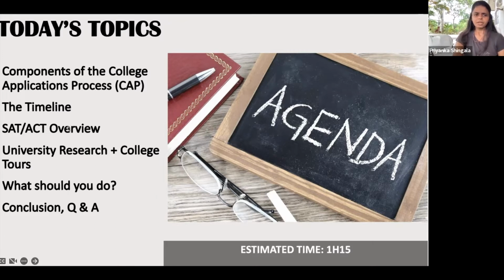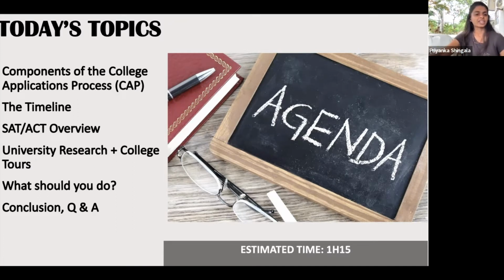SAT, ACT overview, it's very quick. The whole SAT thing is a different chapter of a presentation of its own, but we're still going to cover bits and pieces, the most relevant ones. How do you find a university that you might be interested in? So the whole process, if you're starting from scratch, what do you do? And finally, I hate leaving a presentation with just here's a bunch of information.